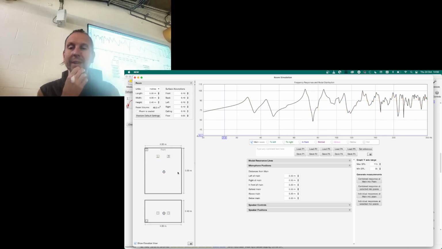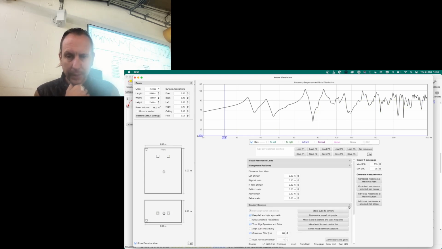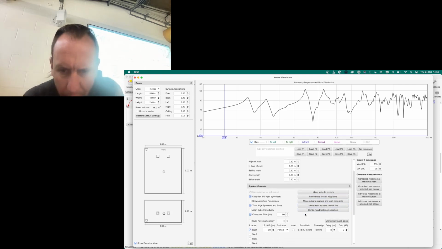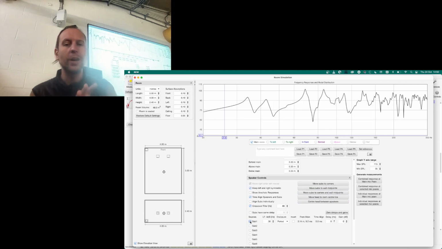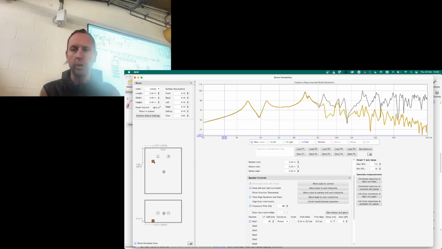Okay? So with this bit, what I suggest you try is, first of all, remove one of the speakers. So here, first of all, remove the sub. If the sub is there, it's much more complicated because there is a crossover frequency, the speakers are cut, and the position of the sub will change a whole lot.